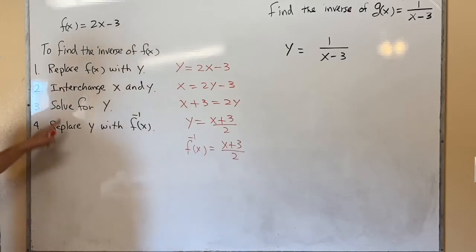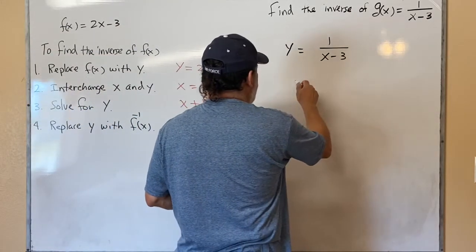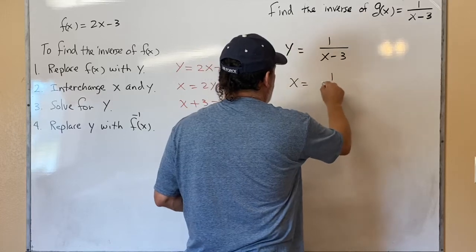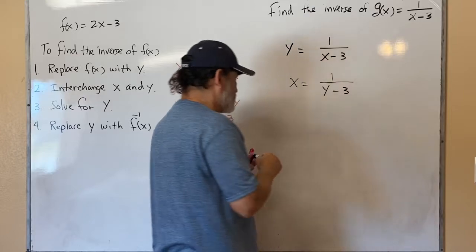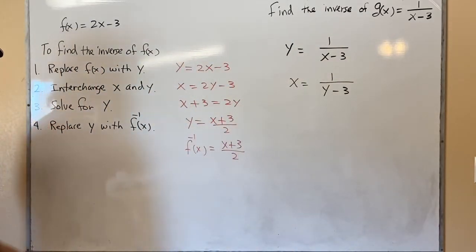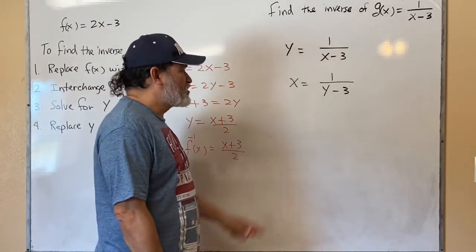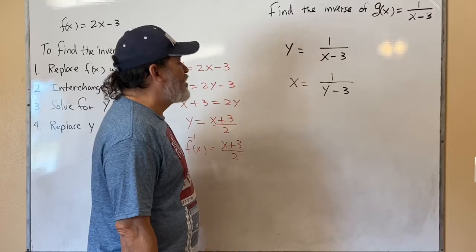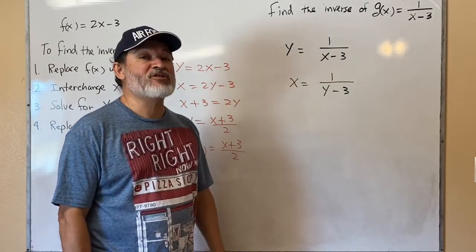Step 2, interchange x and y. So this y is x, this x is y. Step 3, solve for y. How do you solve for y? Well, to solve for y, we multiply both sides by y minus 3.